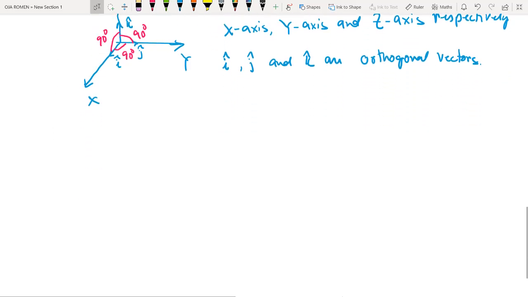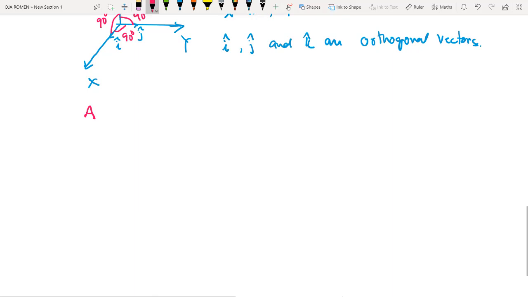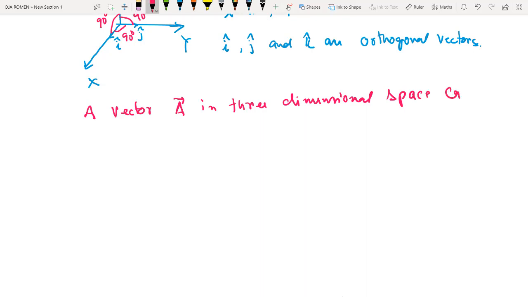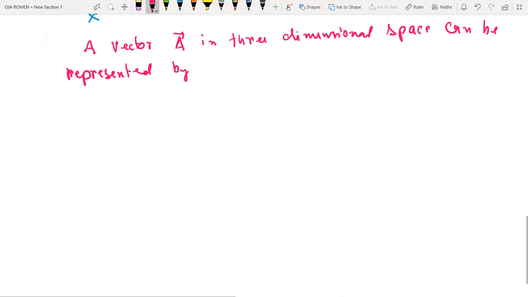Now a vector A in three-dimensional space can be represented by A equal to AXi plus AYj plus AZk.